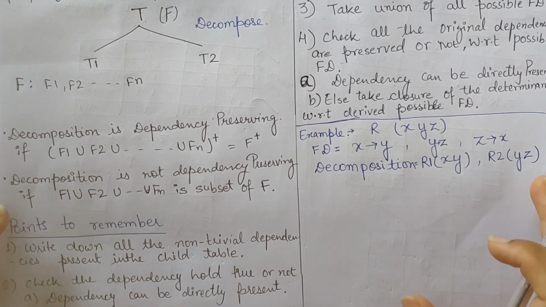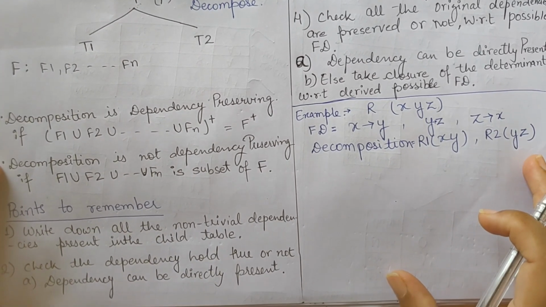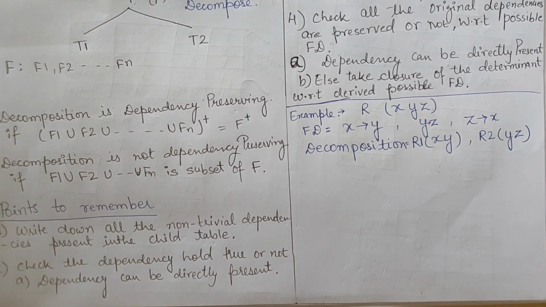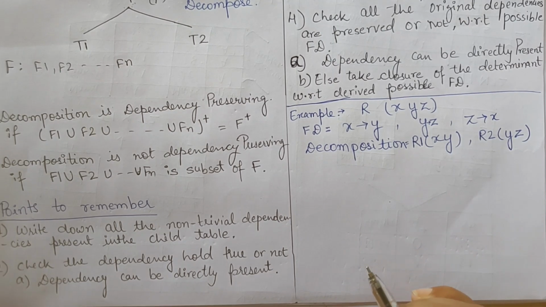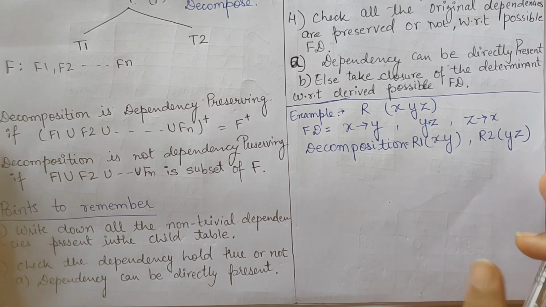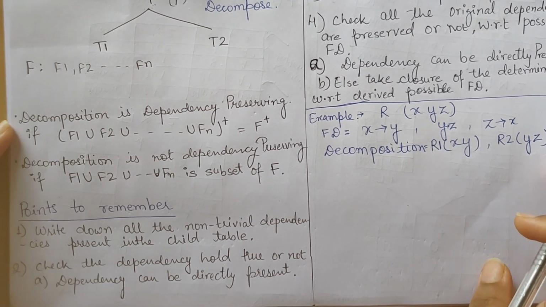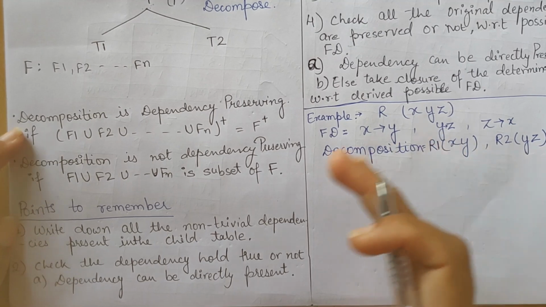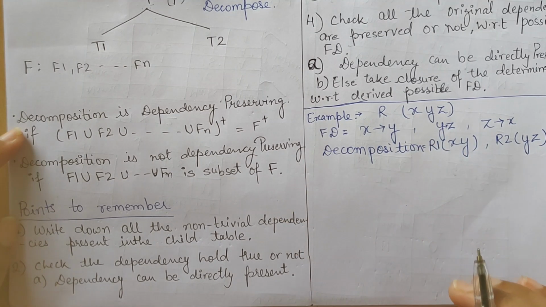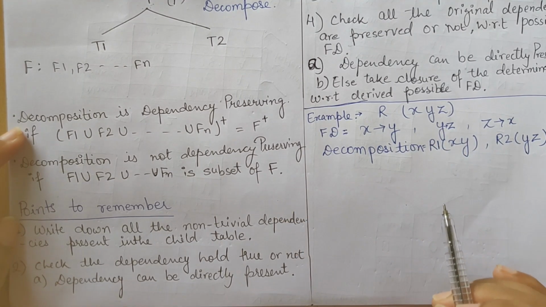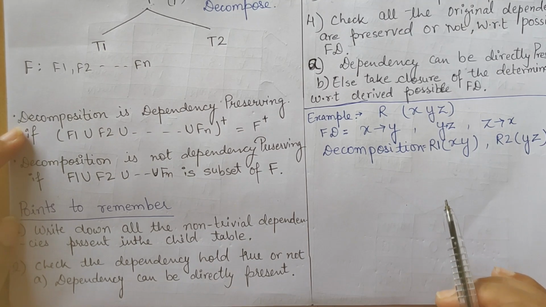Every time you solve a numerical to check whether a decomposition is dependency preserving or not, it will be correct. It is a question frequently asked in GATE and competitive exams, and in university exams also you can have these kinds of questions. So you should know all these steps. Let's solve the example with these steps so it will be easy for you to understand.